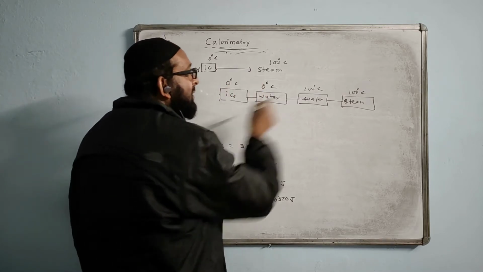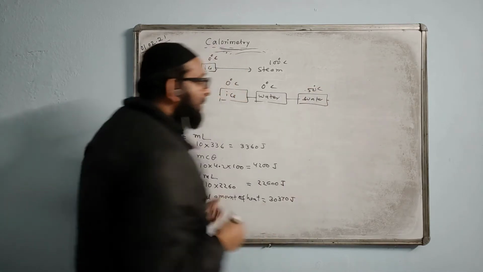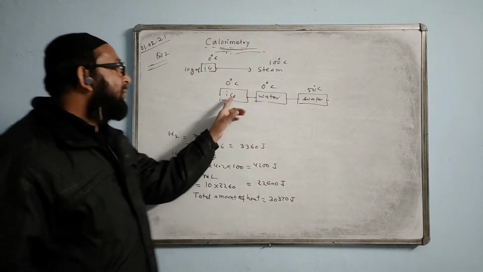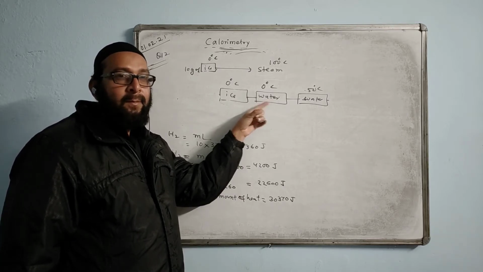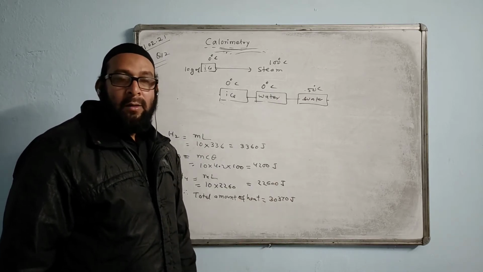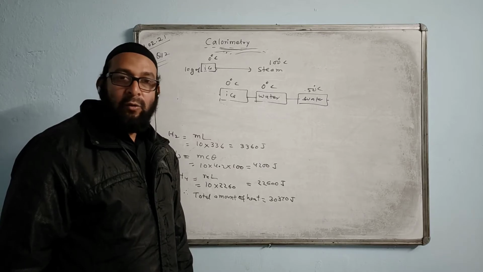Now the water temperature will increase from 0 to 50. Finish, this part will not be there. That's it. What is the quantity of heat needed here? ml or MC theta? ml and then plus MC theta, no? You can do directly ml plus MC theta. Yes or no?